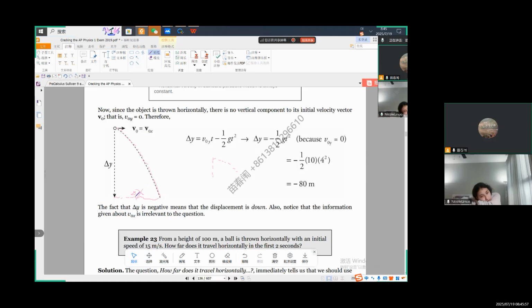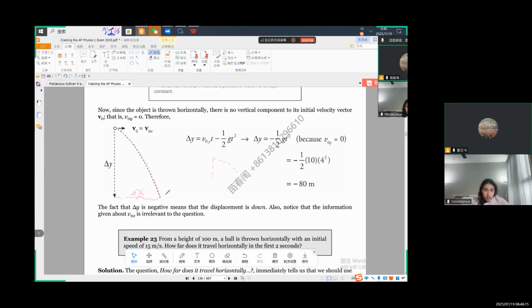in 2 seconds, right? Or did it drop vertically? But we don't really say vertically, just did it drop. So assuming it's vertical, right? But when they say how far did it travel horizontally, it's not delta y, it's delta x.